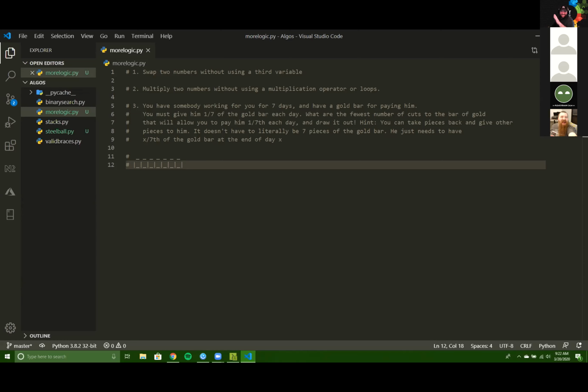This is the interview question, okay? This is what I found, and it's got an interesting solution. But if you must give him 1/7 of the bar each day and it's in 7 pieces, then after your worker worked for 7 days, you'd give him all 7 pieces. He'll have all 7 pieces at the end of the week. Yeah, but what if he calls in sick one day? Then he doesn't have 7 pieces.